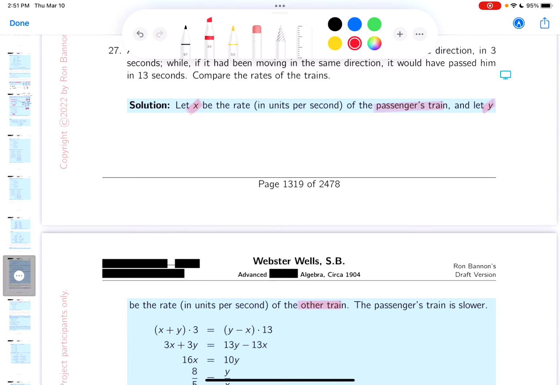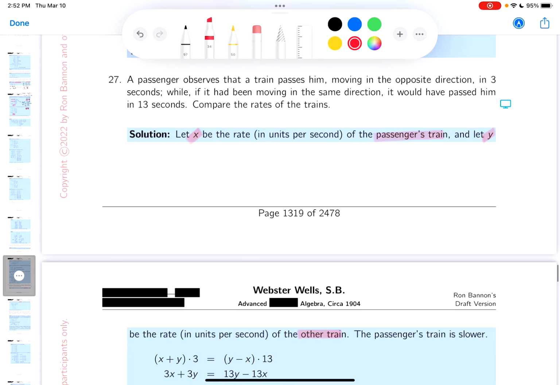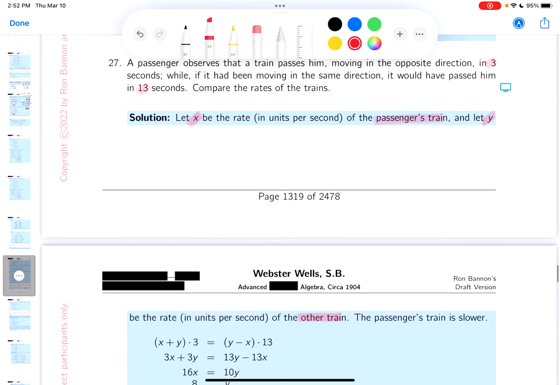So here comes the tough part. We've got to get a relationship going between x and y, and the numbers I'm given are 3 and 13. So let's think about it. The passenger train clearly is slower because the other train's passing it. Hope that makes sense to you.